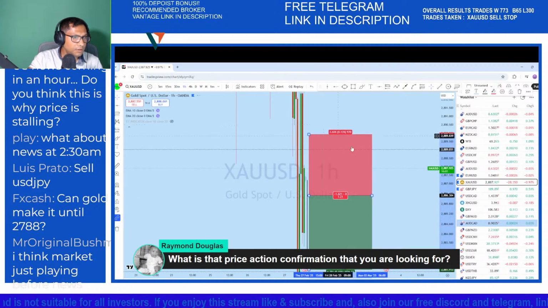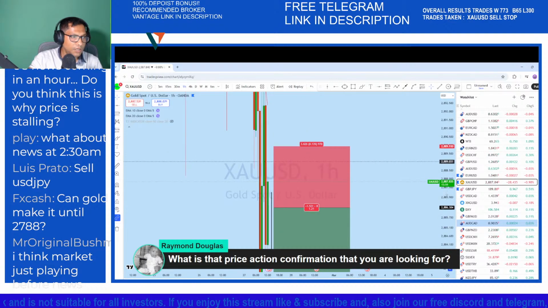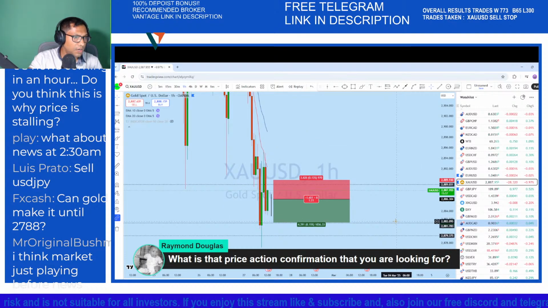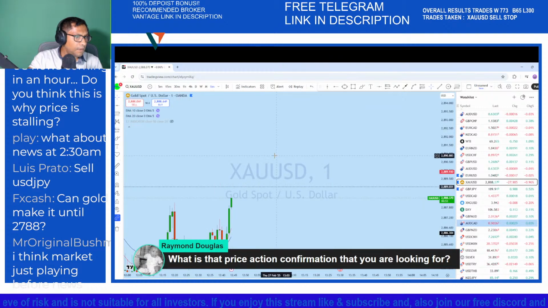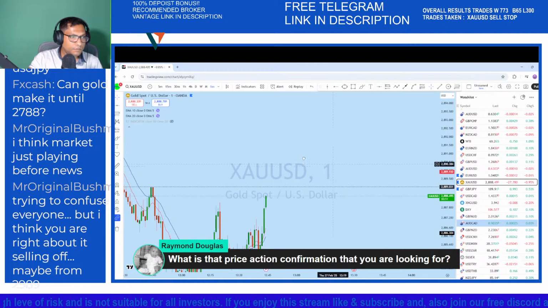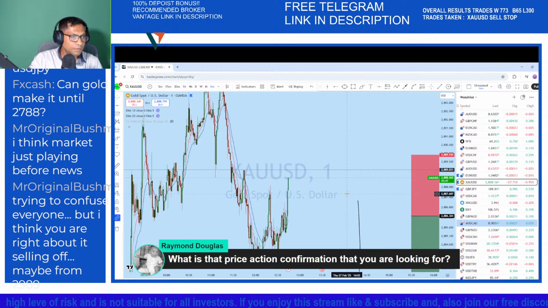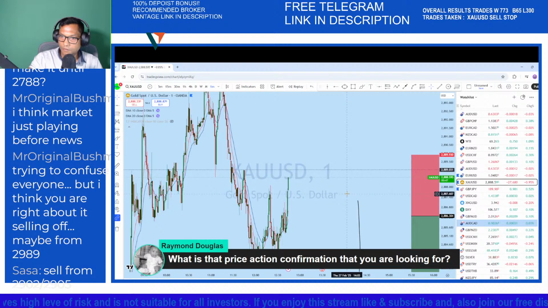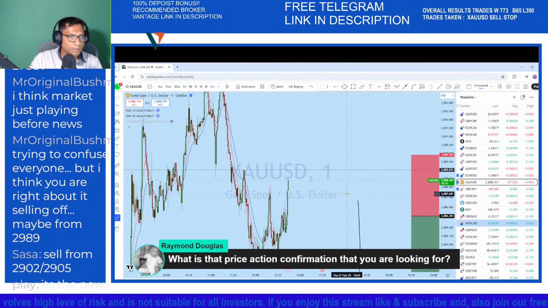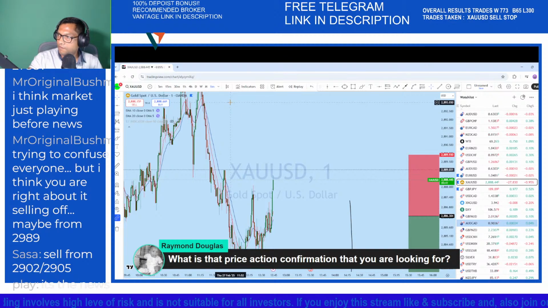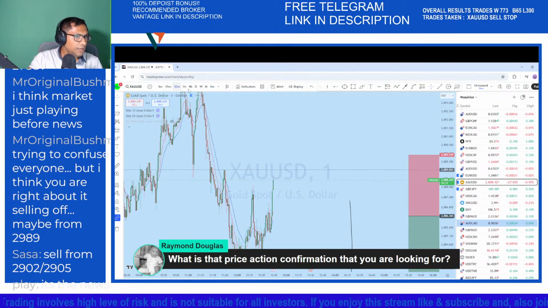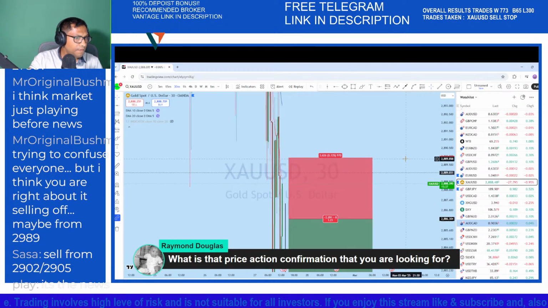So here it just got a reaction from the 1 hour support. So that might now grab liquidity from the top.